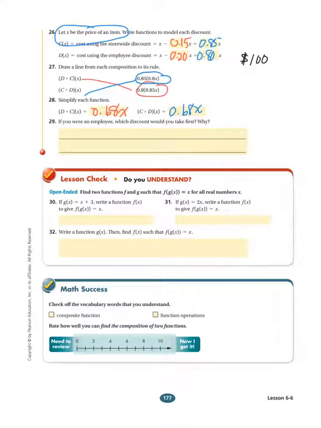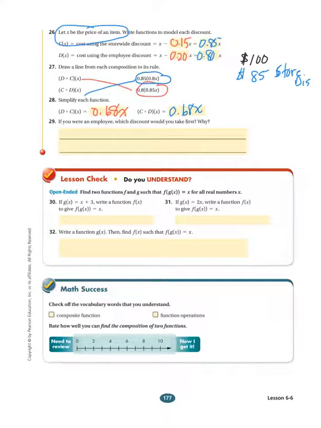So if the store discount is 15% off of $100, I'm paying 85% of that. Wouldn't you agree that 85% would be $85? So this is with the store discount.